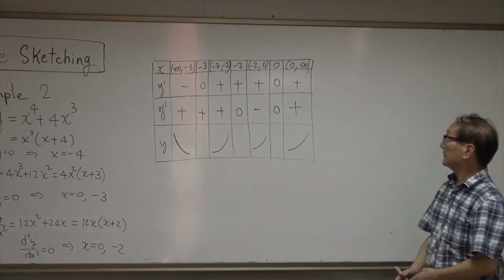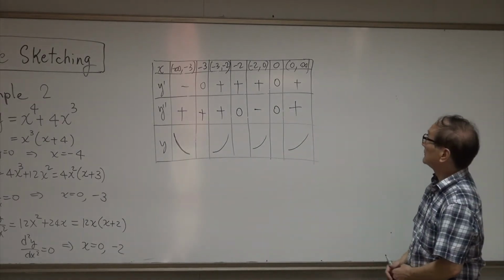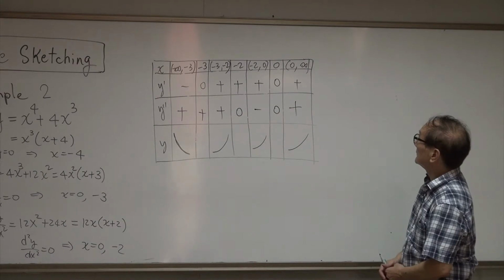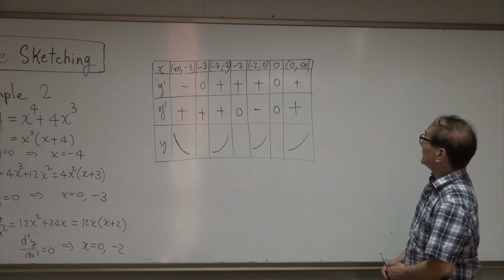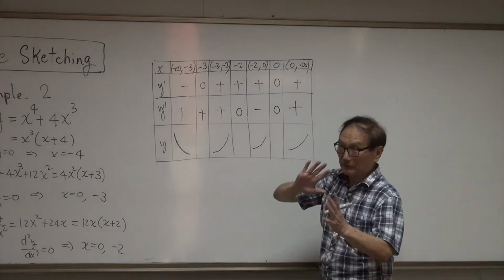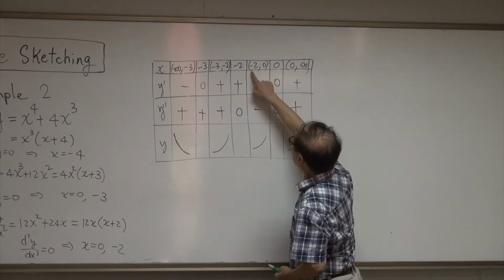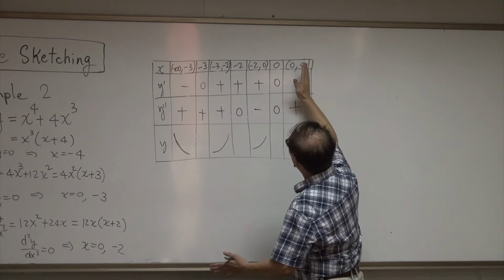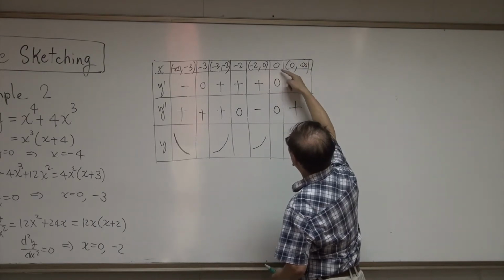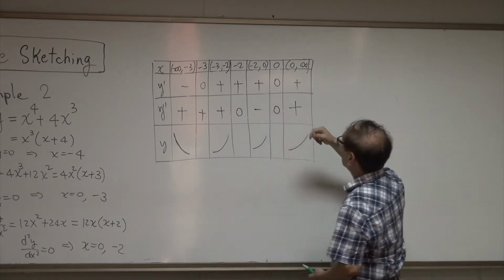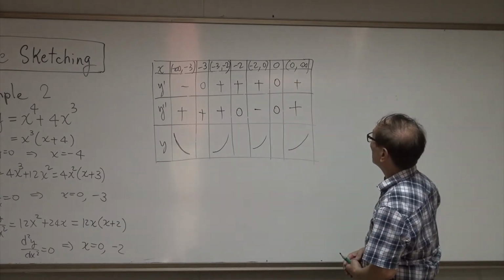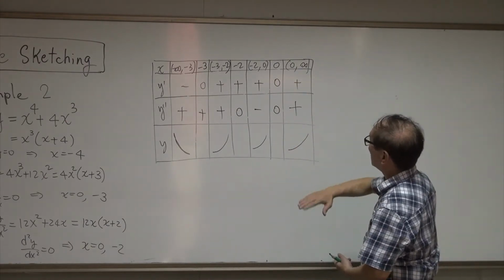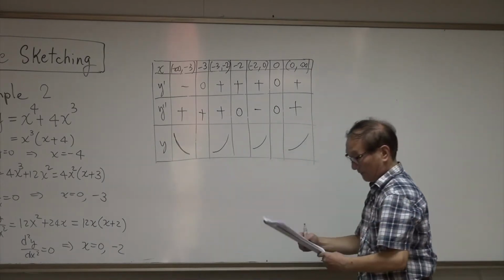Well, okay, this is right. But here something is wrong. From minus 2, after minus 2 there is no more critical point, so this 0 should be this minus 2. Wait a minute.